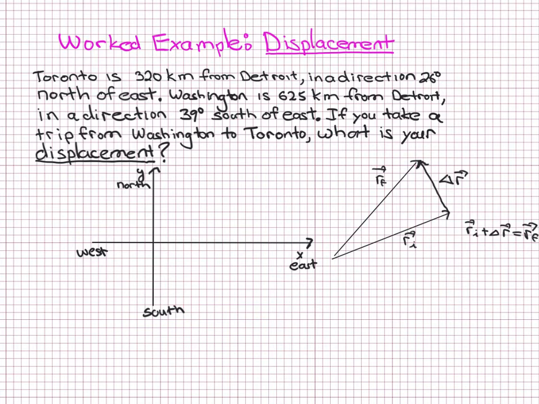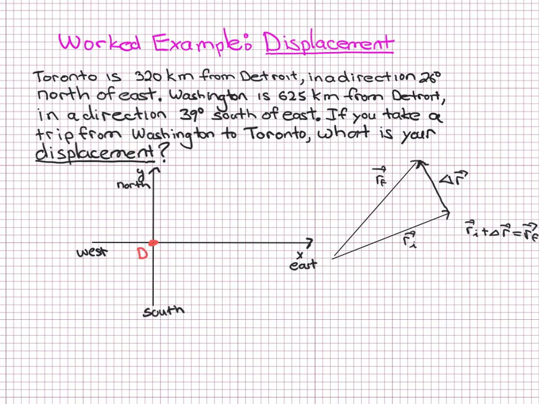And now on this coordinate axis, I want to draw where my cities are. And since in the story the cities' positions are being measured relative to Detroit, it's natural to place Detroit at the origin of our coordinate system. So I'm going to put a little red dot at the origin, and I'm going to label that with a D to stand for Detroit.